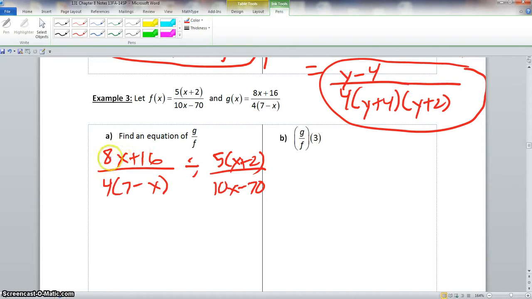Okay, so now what we would do here in our numerator, we could factor this. We could factor out an 8, and we'll be left with x plus 2. And in our denominator, we could factor out a negative 1 here, and that would give us negative 4, and then it'll be x minus 7. Now our division becomes multiplication.